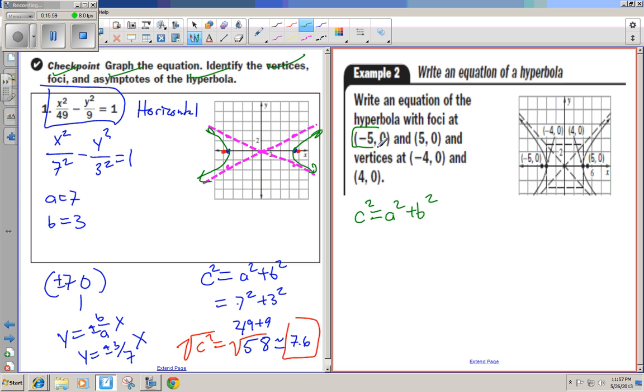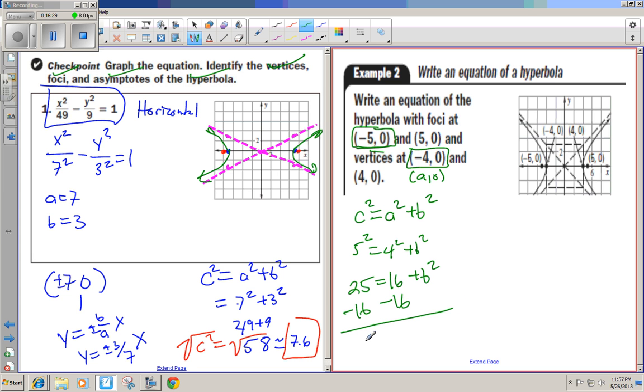The vertices are always a. That means this a here becomes 4 squared. The foci, the distance is 5, so that's 5 squared. So I've got 25 equals 16 plus b squared. I'm going to subtract 16 from both sides. 9 equals b squared.